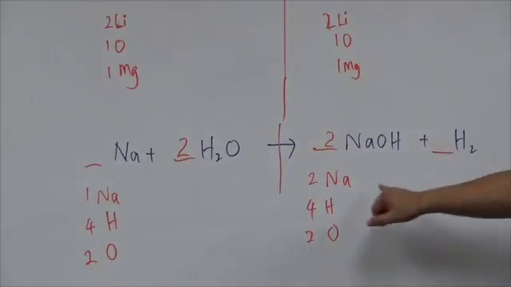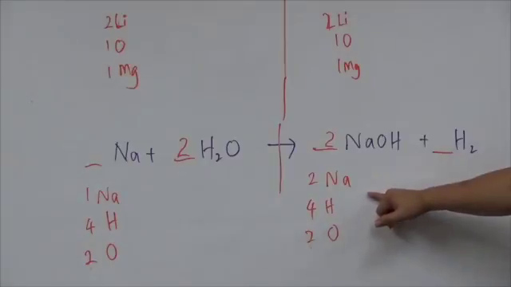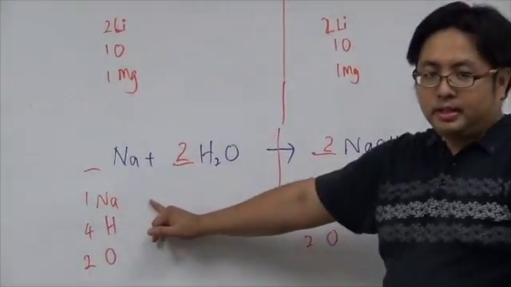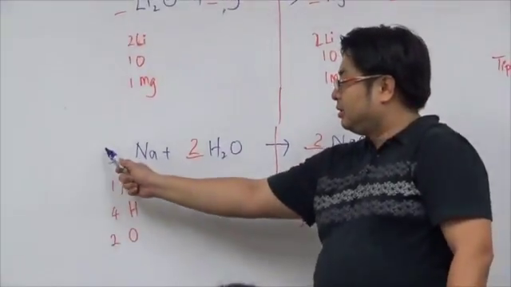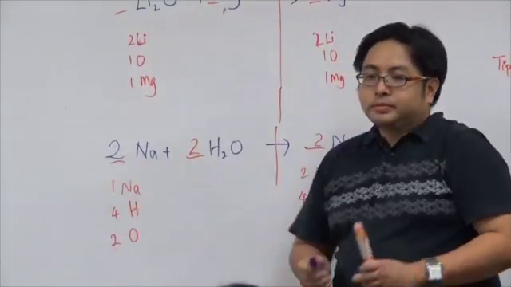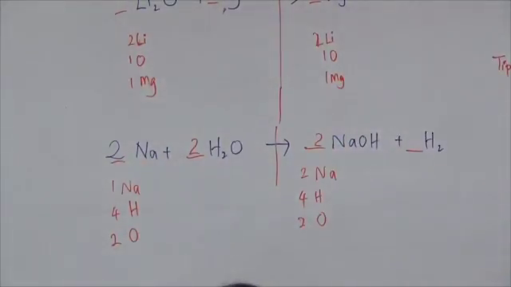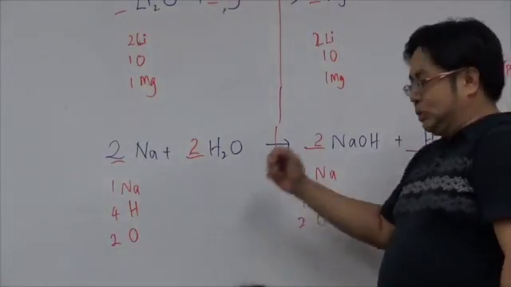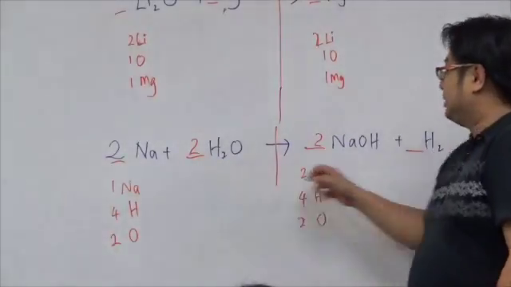Why? Because I realize that there are 2 sodium here, but there's only 1 sodium here, right? So I just need to put 2. Balance elements last. Your concern is those that are not an element, that means inside the compound.